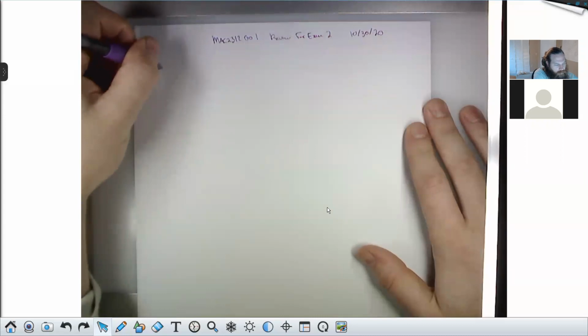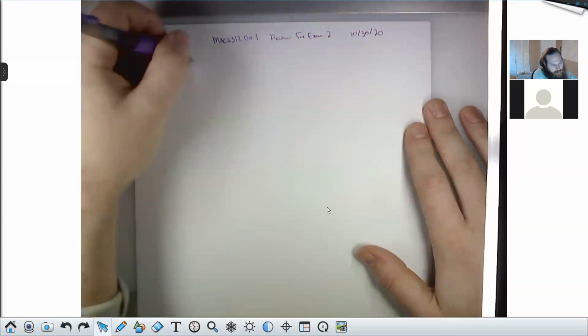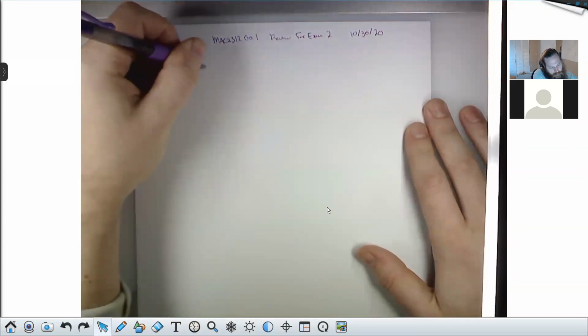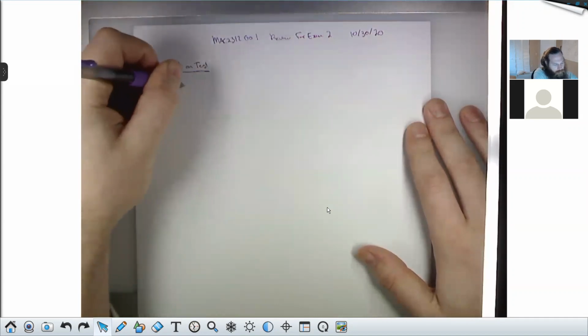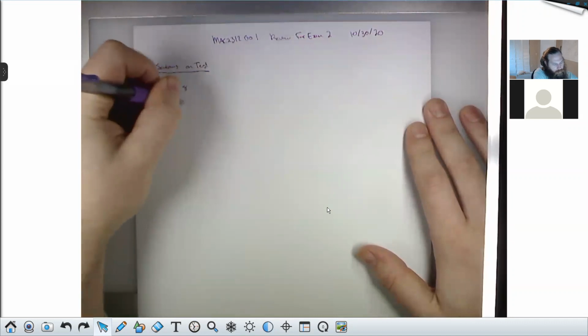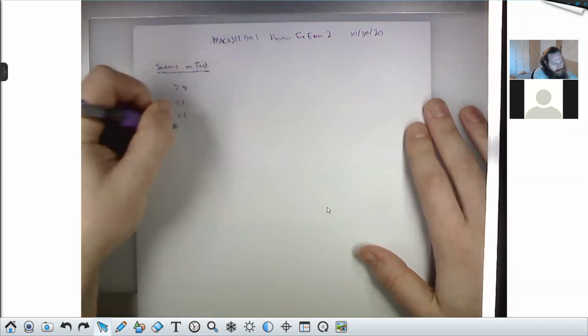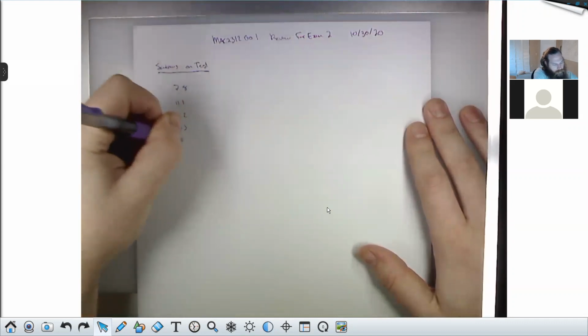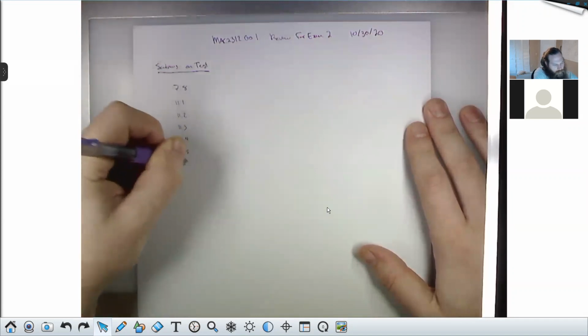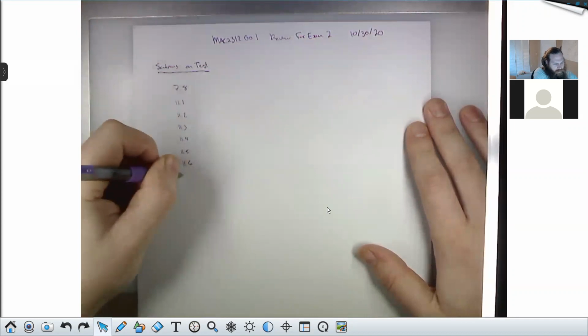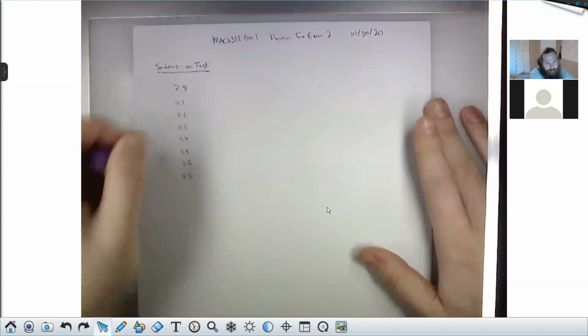The sections on the test, pretty sure everybody knows, but just because we always do this, there's 7.8, 11.1, 11.2, 11.3, 11.4, 11.5, 11.6, and technically 11.7.